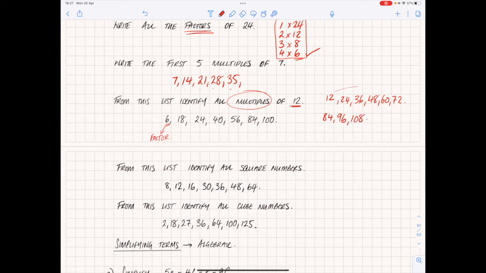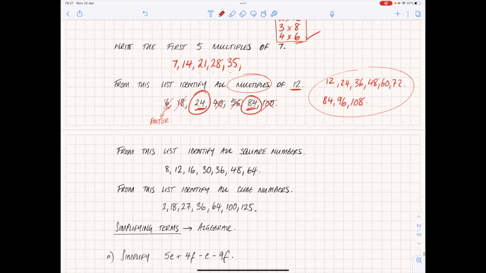Okay, they are all your multiples of 12. So no, no, yes, no, no, yes, no. So identify them very clearly. Just don't be caught out with the fact that 6 becomes a factor.